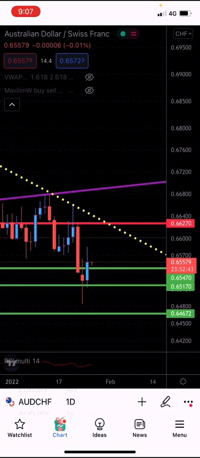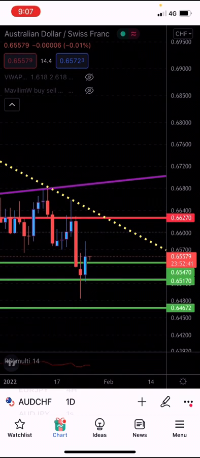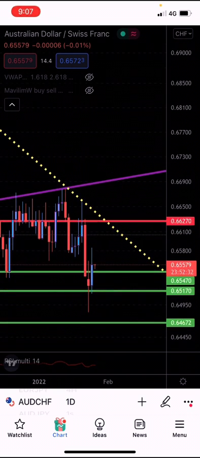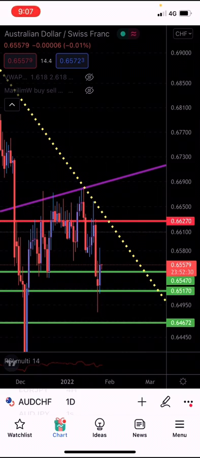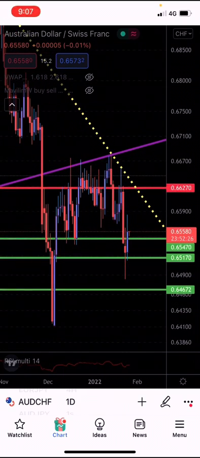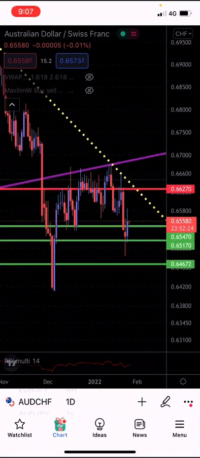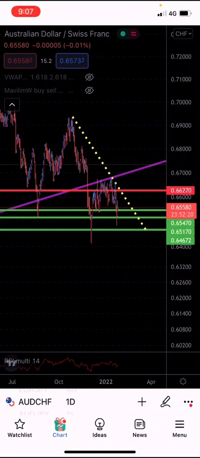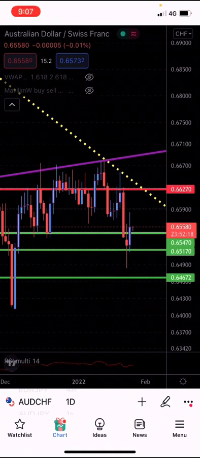This trade could come back up and touch that zone again, though I don't think our stop loss would be hit, but it is possible. Nothing's impossible with trading. But as you can see, we've already tested that neckline. I think we're going to see some downward action on AUD CHF.